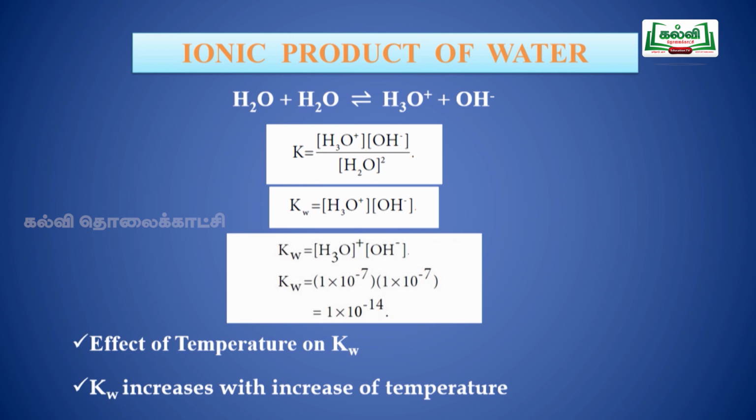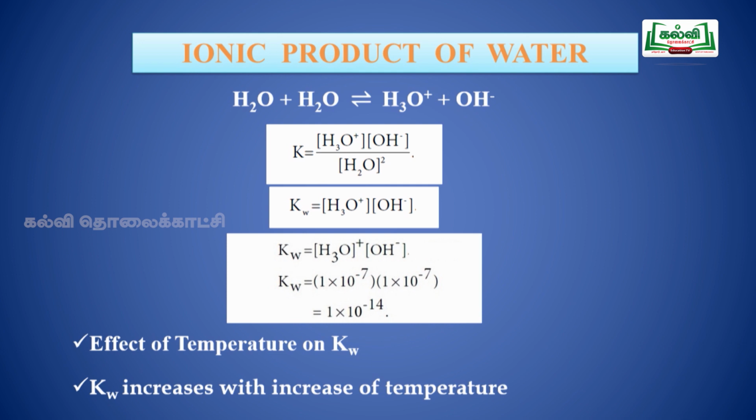So, the next part what we are going to see is ionic product of water. The term itself clearly says product involving ions. First thing, water undergoes auto ionization or self ionization. When water undergoes self ionization, what will it produce?